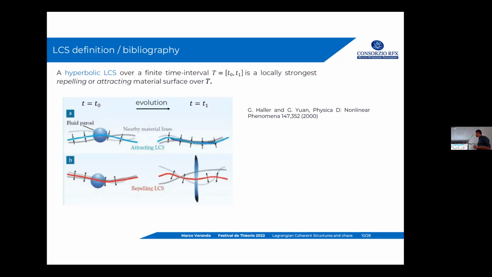And we can see in a simple example, imagine you have already computed an attracting or a repelling Lagrangian coherent structure. You take a parcel of fluid at the beginning, you evolve it in time, and you see that the effect of an attracting Lagrangian coherent structure is that of attracting the fluid, or repelling it. In the next few slides, I want to show you how you can compute these structures.